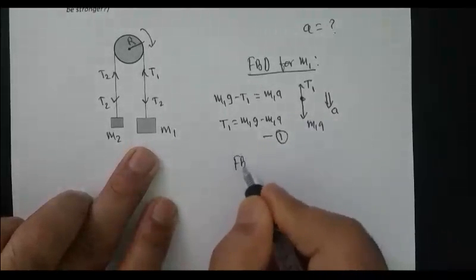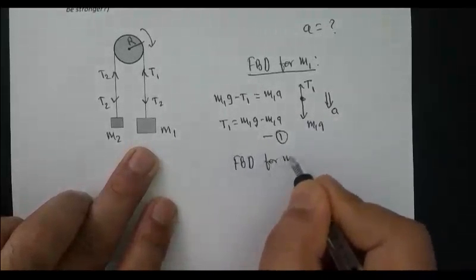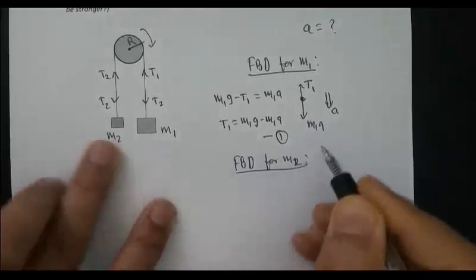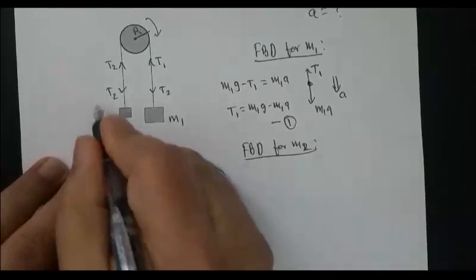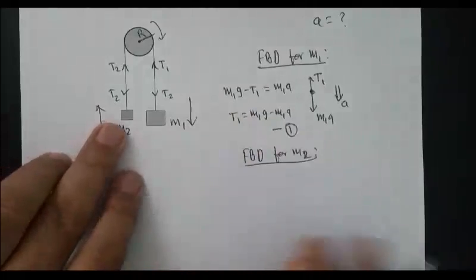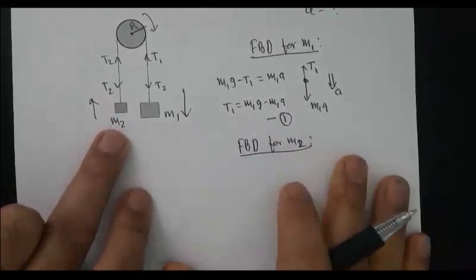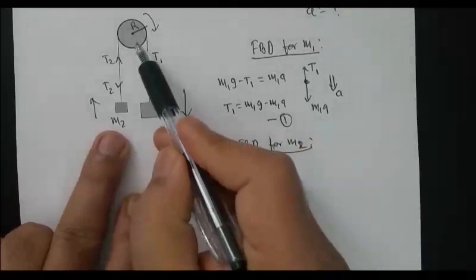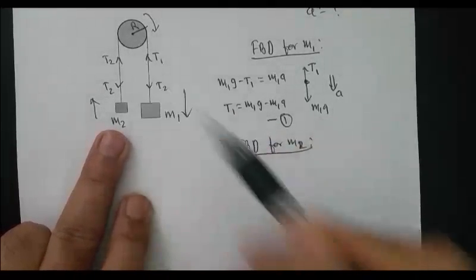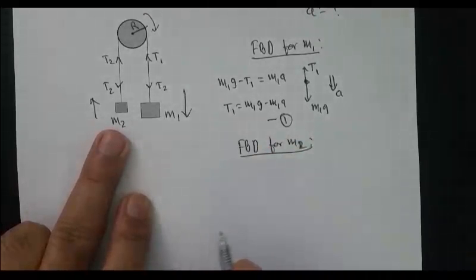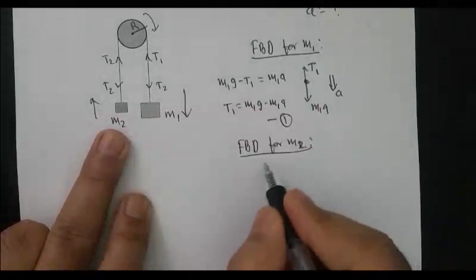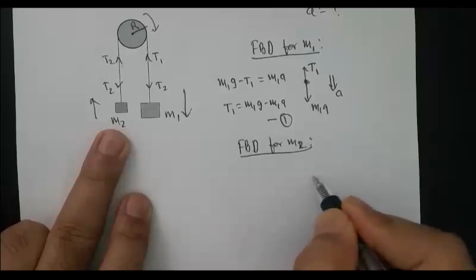Now the free body diagram and Newton's second law for M2, which is the smaller mass, is moving up. As M1 falls down, M2 moves up. So it's again an Atwood machine, but this pulley has some mass, so you can't ignore the moment of inertia. For M2, the free body diagram will be something like that.